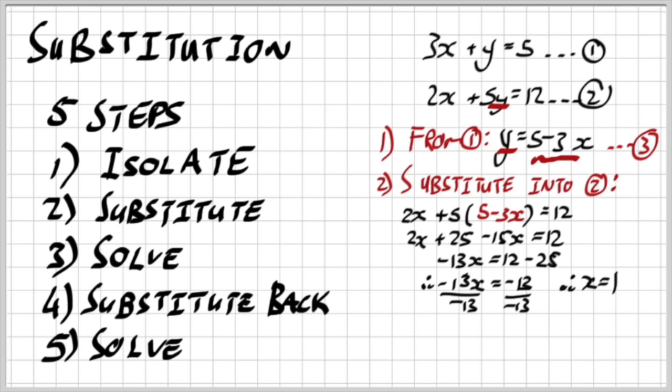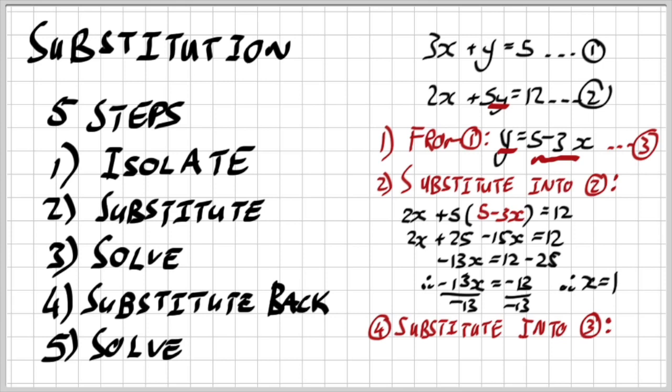Then we go to step 4, which is to substitute that x equals 1. Well, I'm going to choose number 3. Why do I choose equation 3? Grade 9s, look at that. y is alone. Remember, I'm trying to solve y. I already have x. But you could choose number 1 or 2 as well.